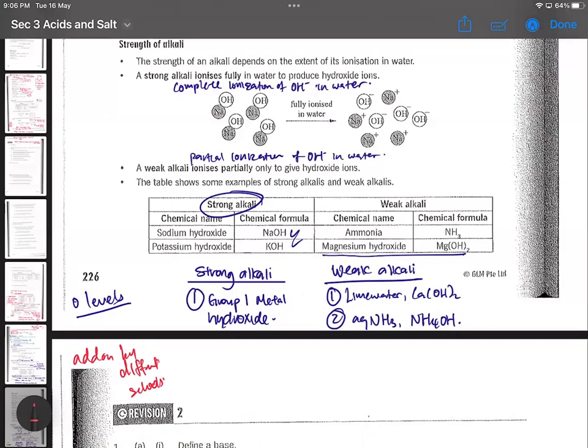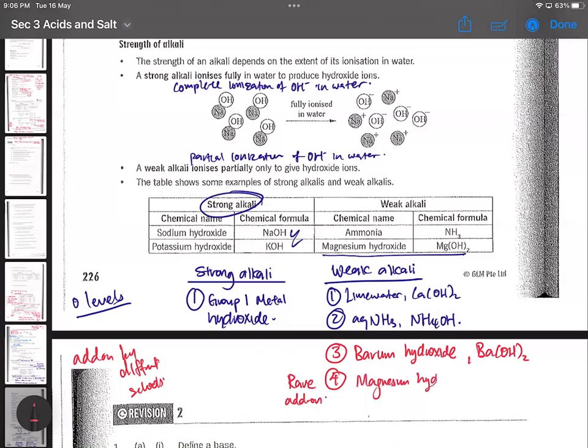The common one that's added, number 3, is barium hydroxide. This is another weak alkali. This is an add-on. This is a rare add-on: magnesium hydroxide.